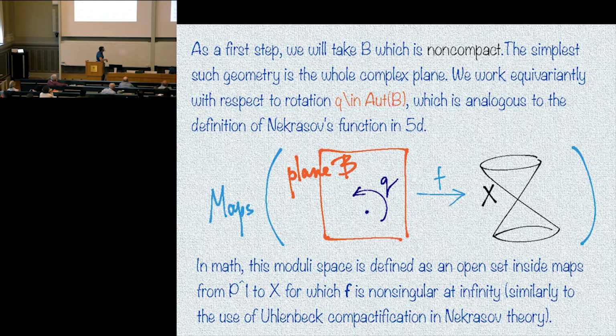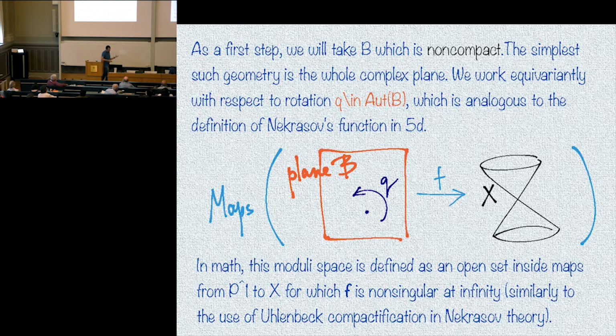Namely, we'll take gauge theory in some arbitrary space where you already have the physical space, which in this case will be just a flat plane, and one can count states in that plane if one works equivariantly with respect to rotation of the plane. It's like Nekrasov theory.